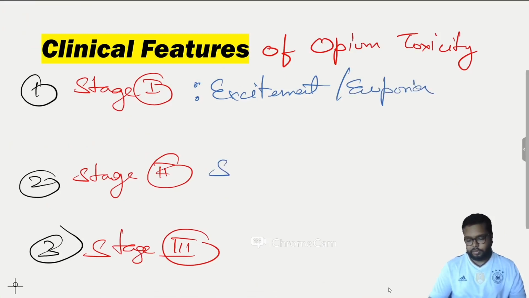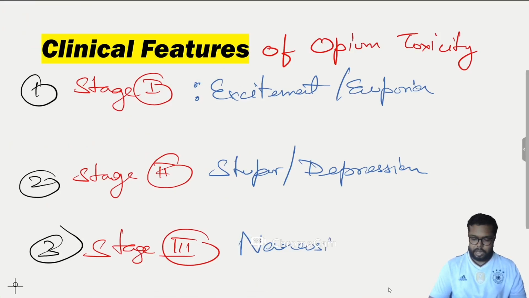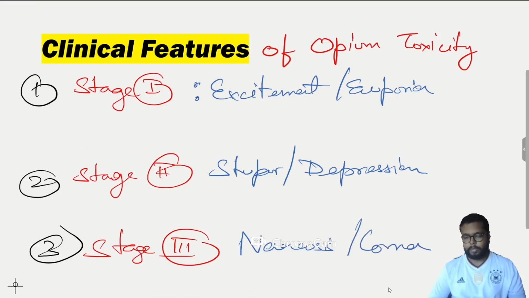Then we have the stage of stupor or depression, and the last stage, stage 3, is the stage of narcosis and coma. Opium acts on the opioid receptors in the brain: mu receptors, kappa receptors and delta receptors, causing stimulant or depressive action.